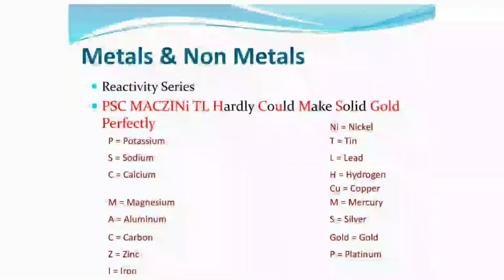If you remember this mnemonic, then it is easy to remember the reactivity series and 2 marks will be in your pocket. I repeat again the mnemonic: PSC, Mezzini, TL hardly could make solid gold perfectly.